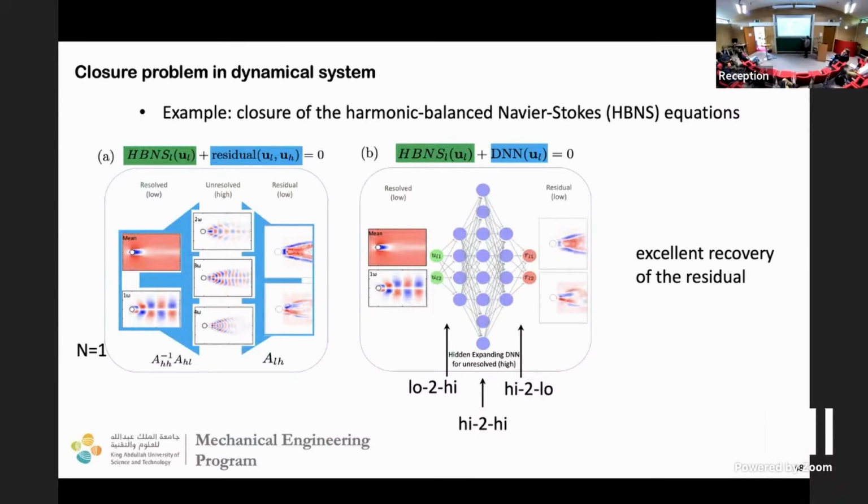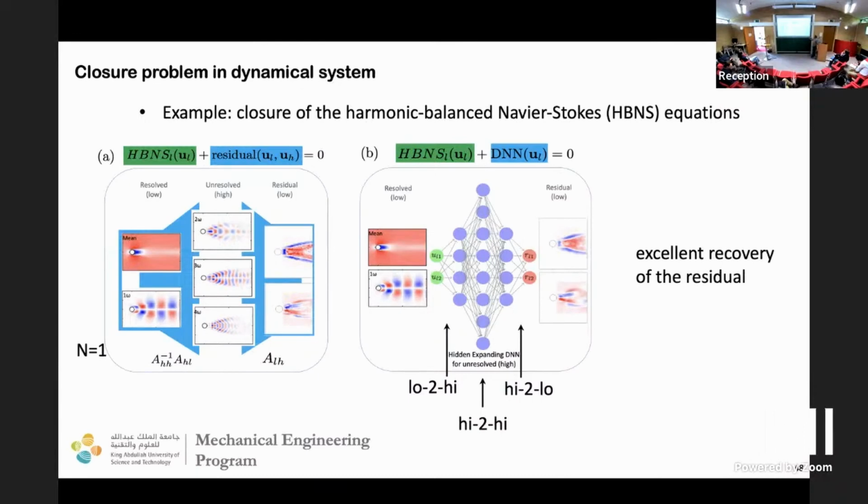And then from the high ones, we boil it down to calculate the residual on these 2 modes, and these are the residuals. Okay? Now, this one has been done with the full DNS. So this is our truth. And this one has been done with a net in the middle. So we go from low to high, from high to high, and from high to low.